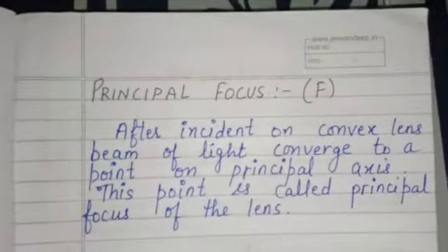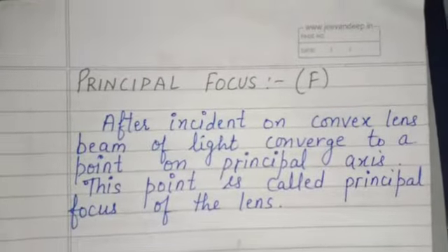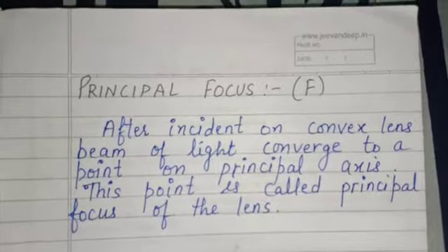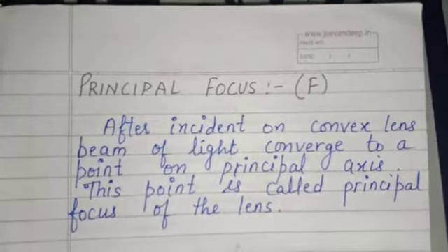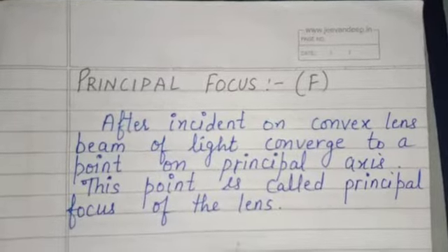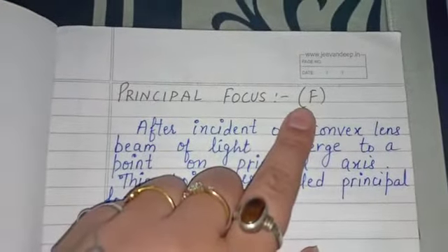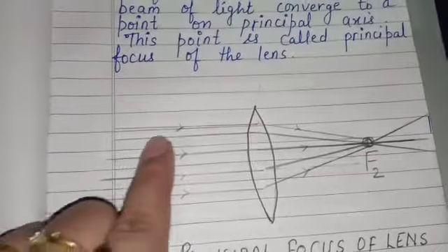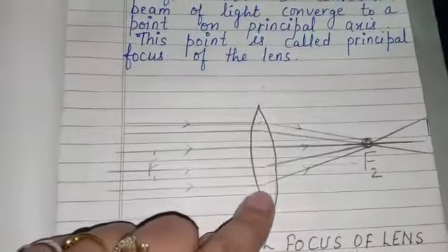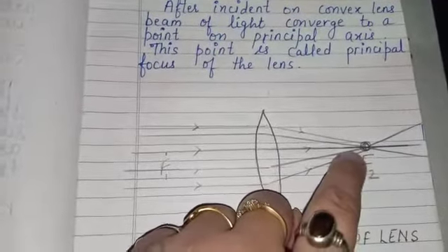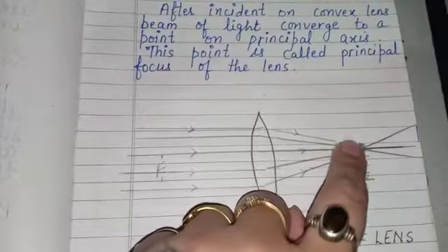And the last important term is principal focus. The principal focus means after incident on the convex lens, the beam of light converges to a point on the principal axis. This point is called the principal focus of the lens. This is represented by the letter F. Right? After incident means, see here, you can see all the rays of light, when they strike the convex lens, they meet at a point. Right? This point is called the principal focus.